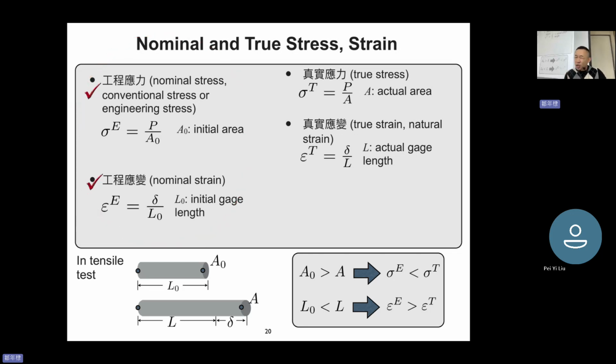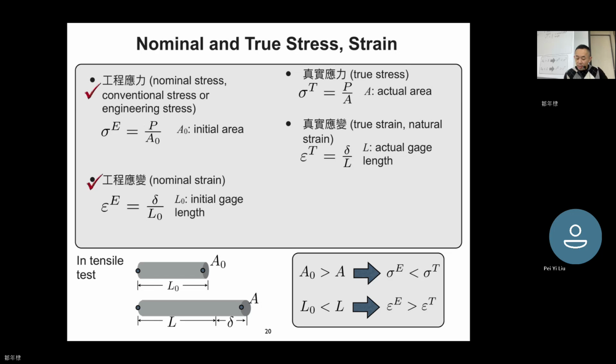But actually in the real world, if you really want to discuss a really complicated problem, you need to talk about true stress and true strain. The reason is that when you do the tensile or compression test, your cross-section area will change. But because the change is too small, typically in a simpler way we just divide by the initial area of the cross-section, A0, or use the initial length.